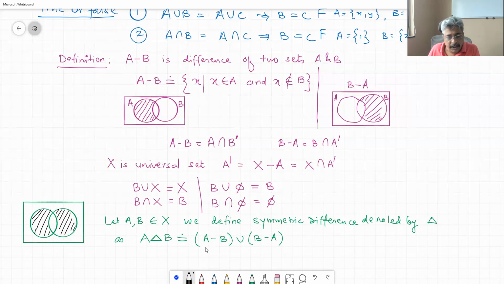So what does this mean? It means you have A union B with you, and from A union B you subtract A intersection B. That is also the meaning of symmetric difference.